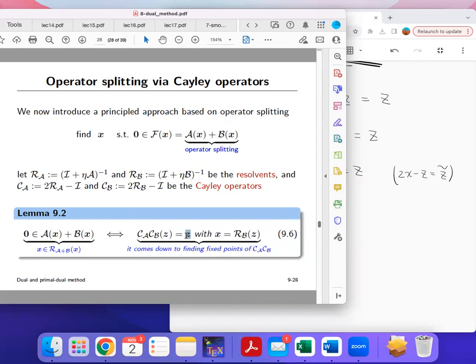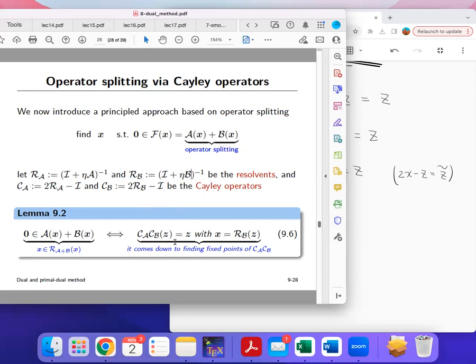You set Z_{t+1} equals CACB applied to Z_t, and you iteratively apply it. Well, CA, CB can be computed easily because RA and RB are these two proximal mappings, which can be done relatively easily.